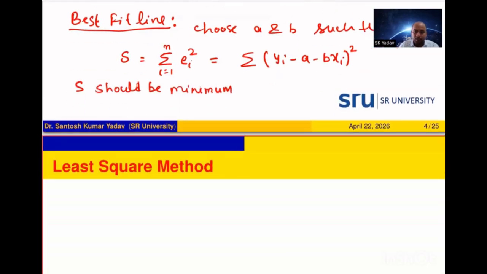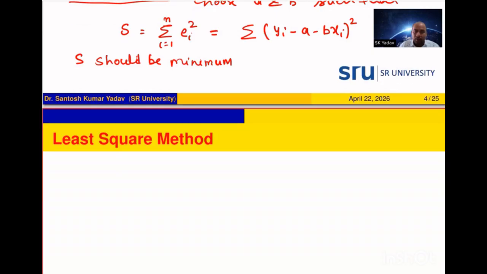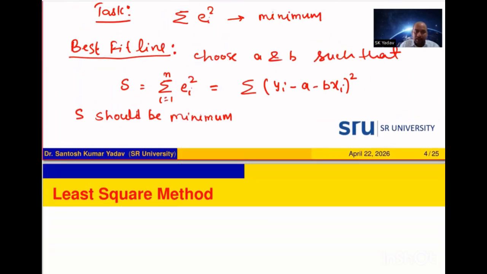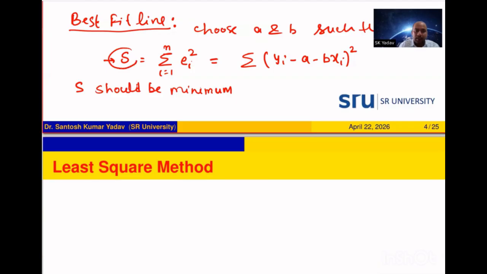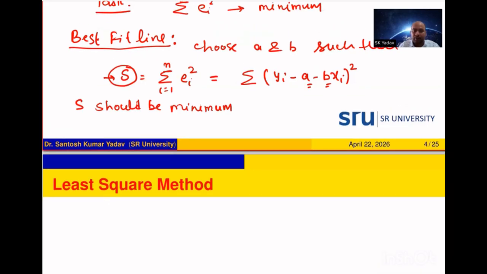Now what do I have to do? I have to minimize S, using the concept of maxima and minima. So I have to differentiate S with respect to the unknowns, that is a and b, because there are two unknowns. We differentiate partially, equate to 0, and then solve for a and b.